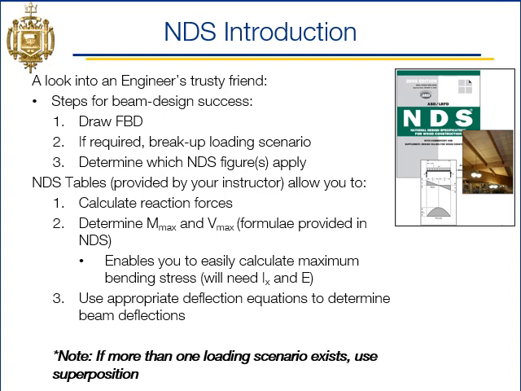If we have a complicated scenario, we might want to break our free body diagram up into a couple of different scenarios. We might want to have 2 or 3 different scenarios, nicely drawn. And then once we have our nice free body diagrams drawn, we're going to go into the NDS and we're going to pick the figures that correspond with the free body diagrams that we have drawn for our beams.